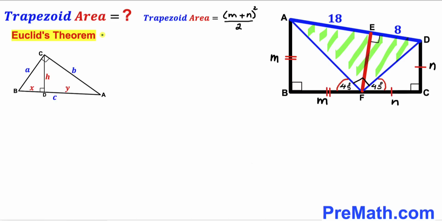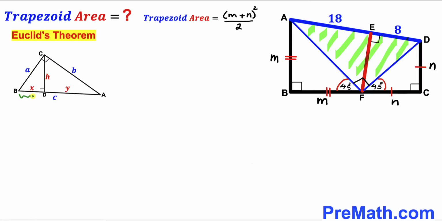Now let's recall Euclid's theorem, as you can see in this given diagram. Here we have a right triangle ABC along with this perpendicular CD, such that this perpendicular is represented by height lowercase h.